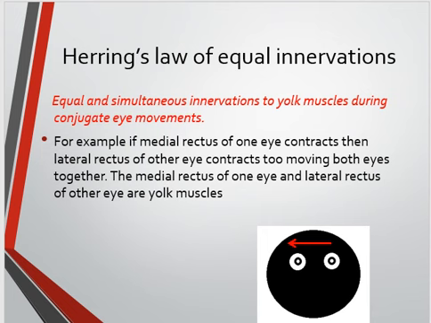So the two muscles that are working are the right lateral rectus and left medial rectus, which are yoke muscles. For the eyes to move in that direction, both need to get equal and simultaneous innervation from the brain. Then only the movement will be conjugate, and they move together and focus together.